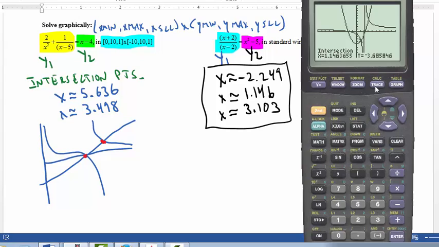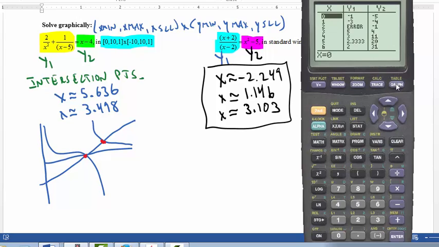So at least it works that way. It will not show that as an intersection point because it's not a legitimate intersection point. Because if you go to the table and look under y1, you have an error when x equals 2 because that's what makes the denominator 0. So there can't be any solution over there at 2.